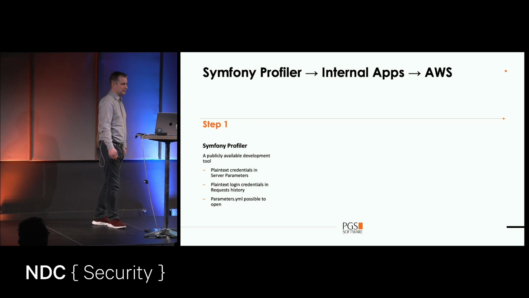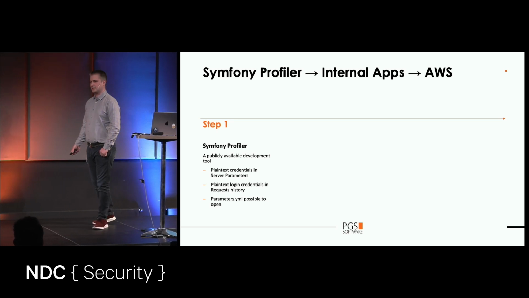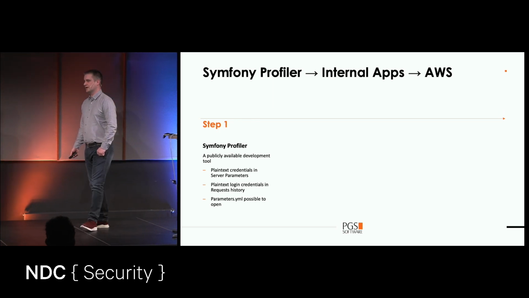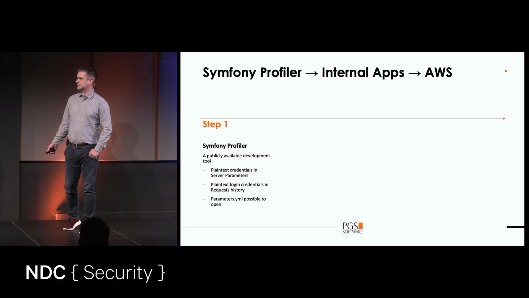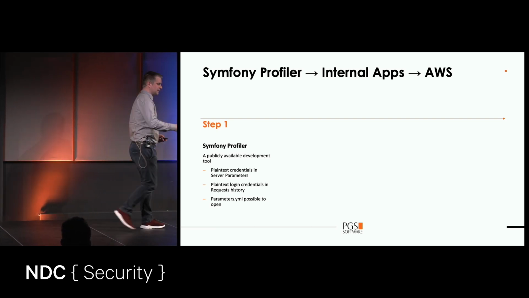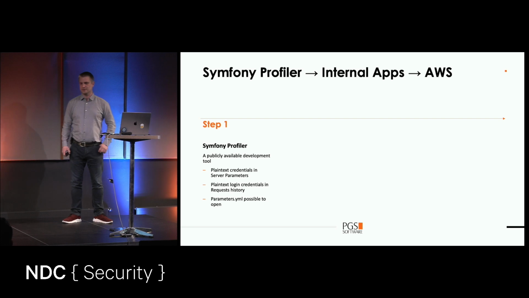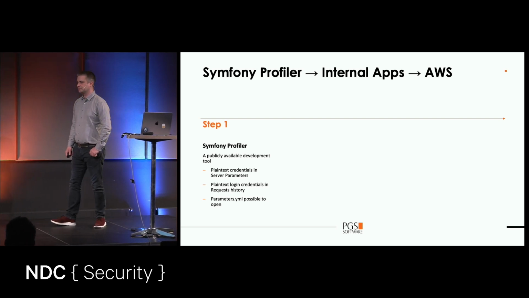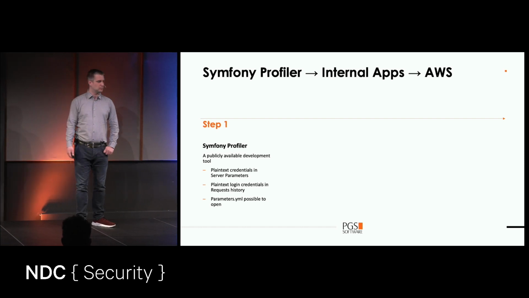For example, you can check server parameters, environment variables used by the application, but you can also check all requests and parameters of all requests that your users are making in this application. This includes login requests with post-login requests with username and password.